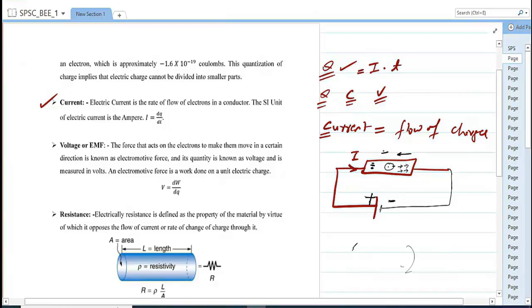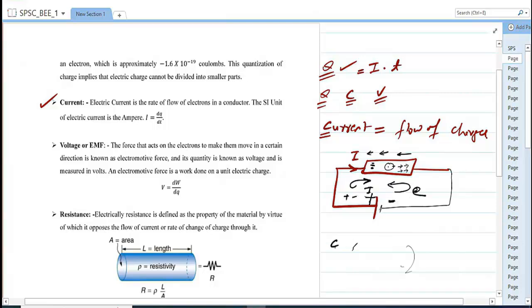So electrons are flowing from minus to plus, and conventional current is flowing in the opposite direction of the flow of electrons. This is the direction of current, and this is the flow of electrons.